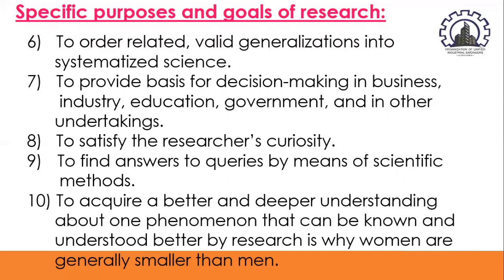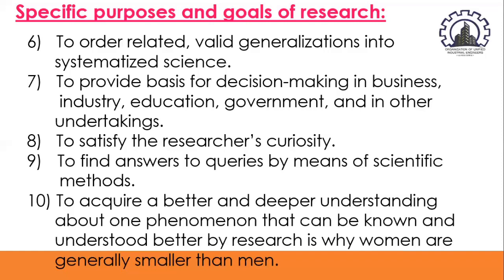And number eight, to satisfy the researcher's curiosity. Remember, Edison was curious about how a hen hatches her eggs and made a research on that, and he invented the incubator. Okay, that is just one of the many examples under this specific purpose.